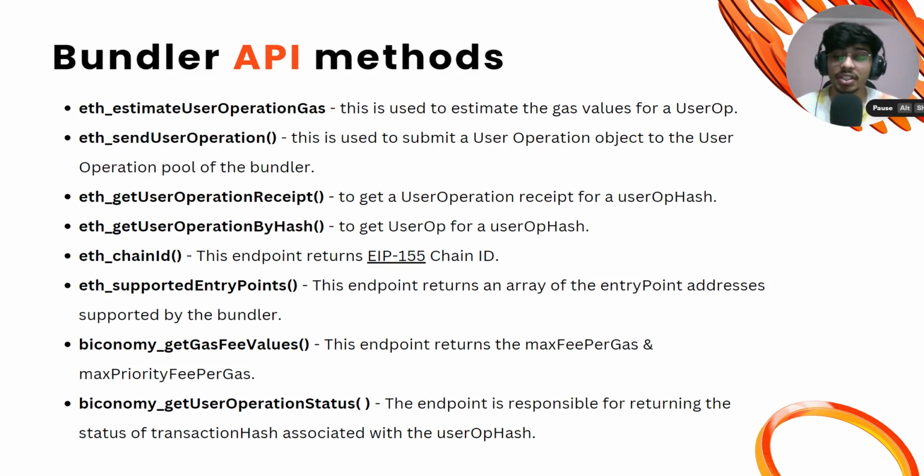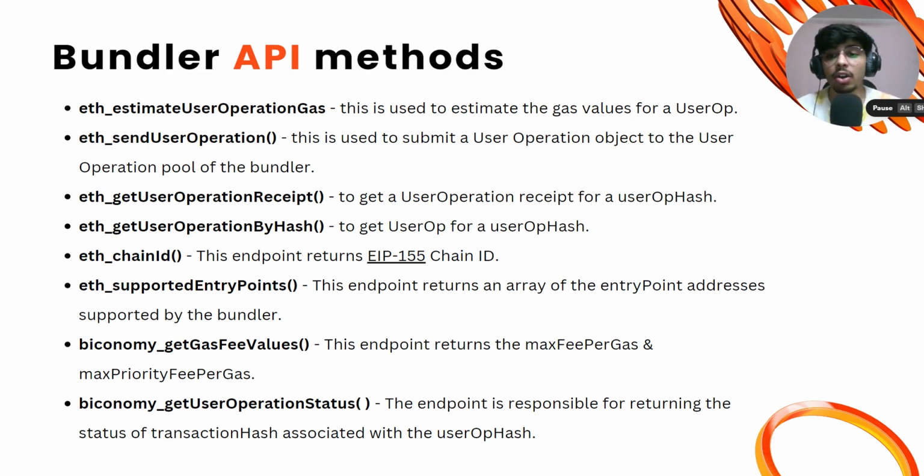Get user operation receipt gets the user operation receipt of the user op hash, and then we have get user operation by hash to get the user op using the user op hash that you get from the above. You can also get a chain ID using eth_chainId, and eth_supportedEntryPoints actually returns an array of supported entry points on the bundler.